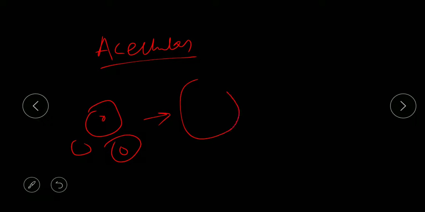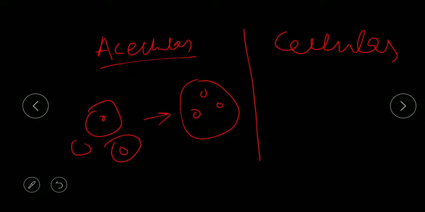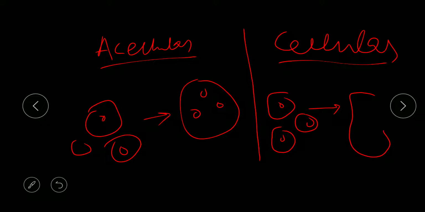When there is a complete fusion of the cells, then it is acellular, meaning they have lost their cellular identity. But when we talk about cellular, in these cells fuse, and after fusing they form a body, but in that body there are internal divisions.